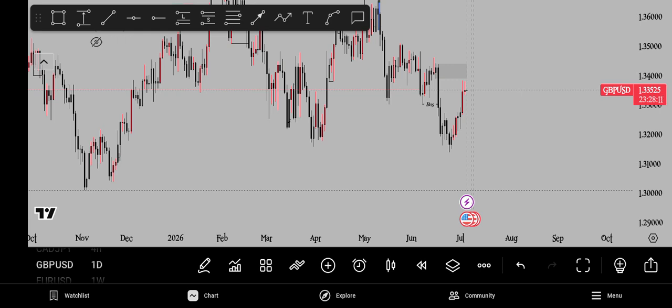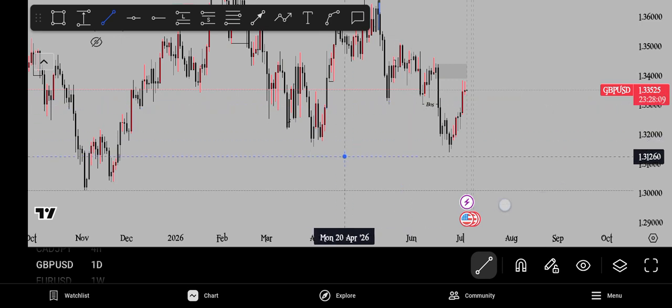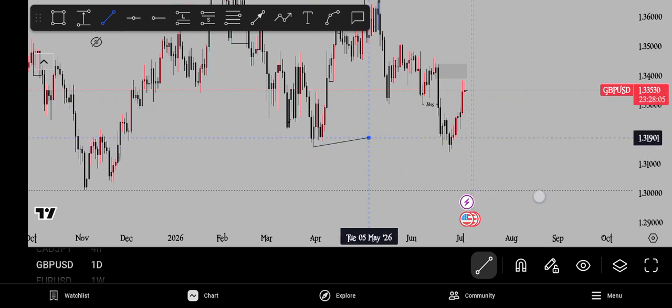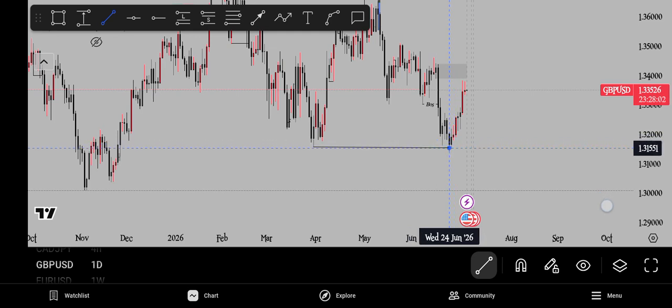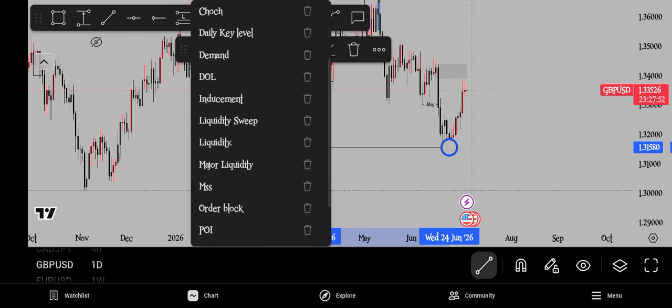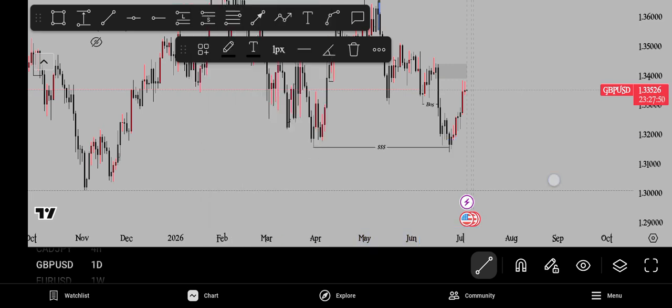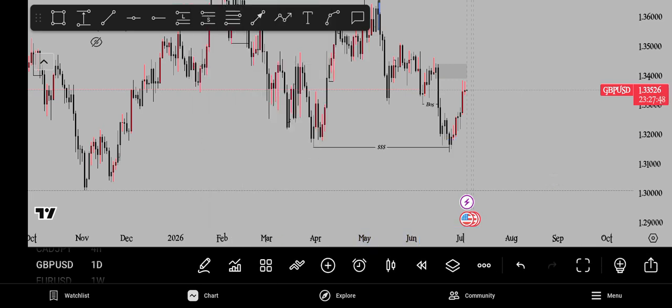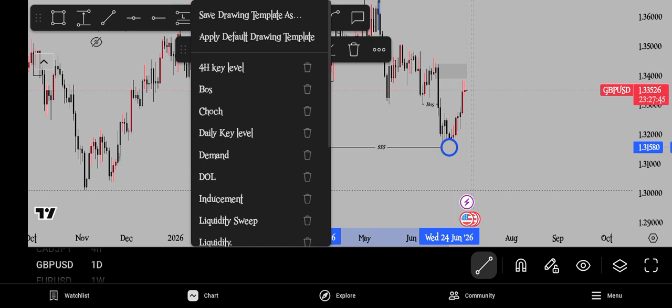Has been bullish after liquidity has been taken here. After this sell side liquidity.